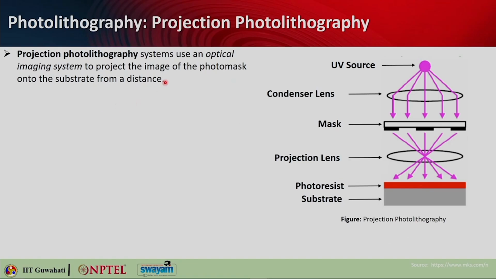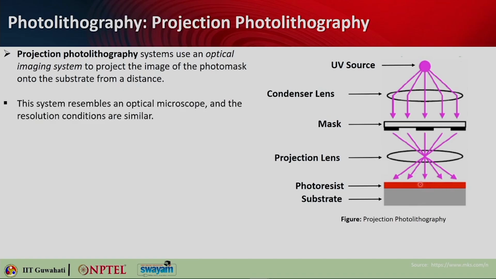Projection photolithography systems use an optical imaging system to project the image of the photomask onto the substrate from a distance. This is popular where you cannot contaminate the substrate.